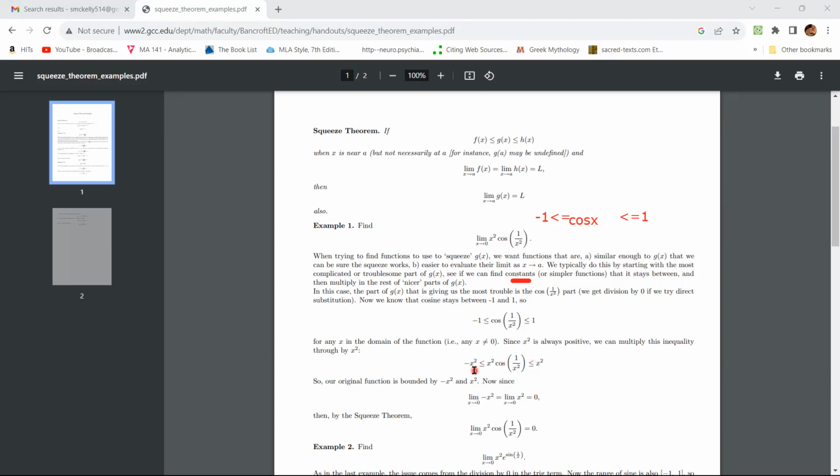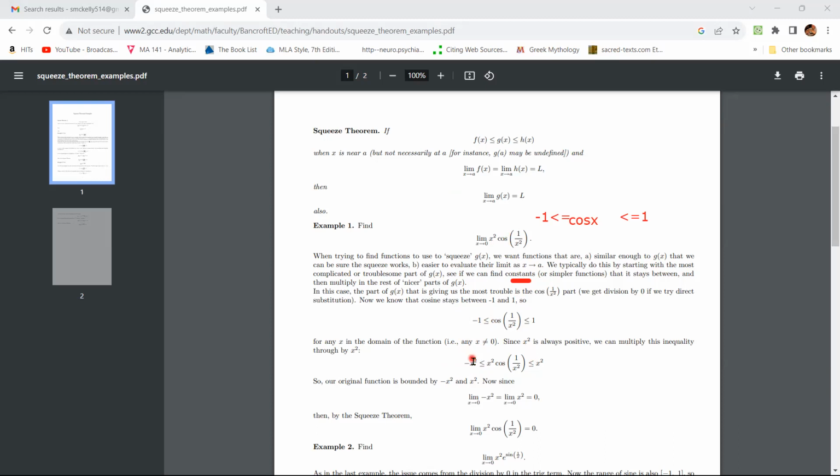Now, why is this important? First of all, because I multiplied by x squared, I don't have to worry about this inequality changing direction or doing anything weird, because I multiplied by a positive number. But more importantly, can I find the limit as x goes to 0 now?